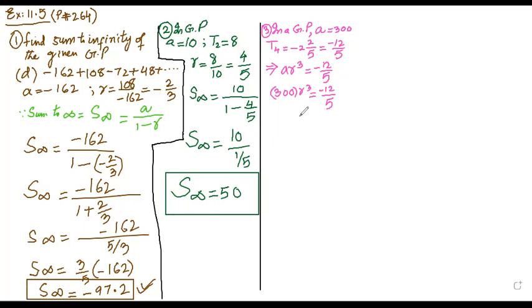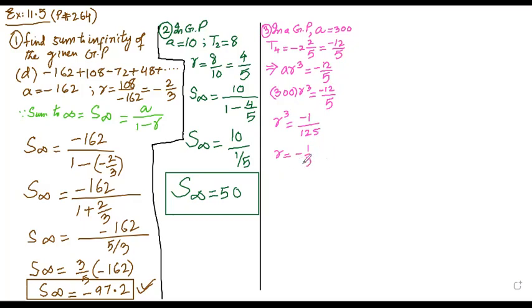So finally, R cube will become equal to minus 1 upon 125. So R is coming out as minus 1 upon 5.